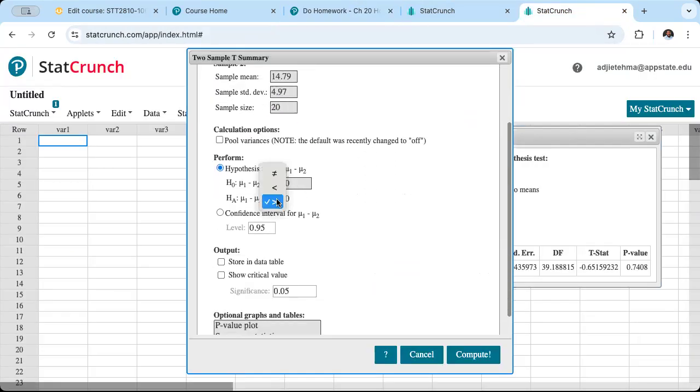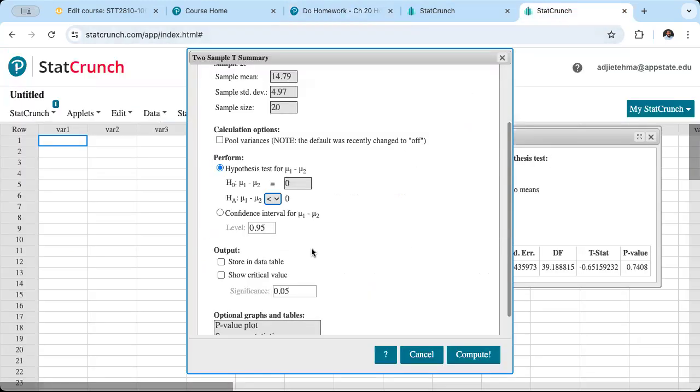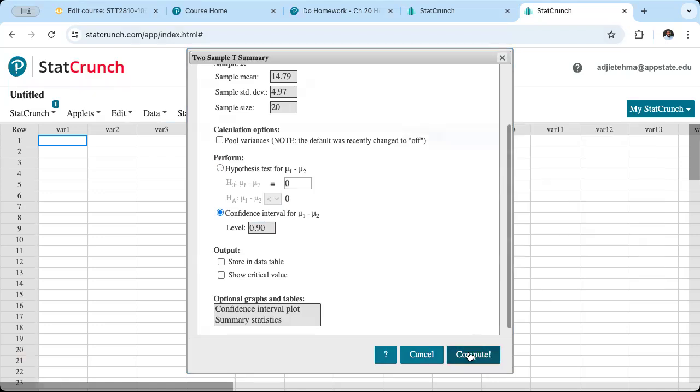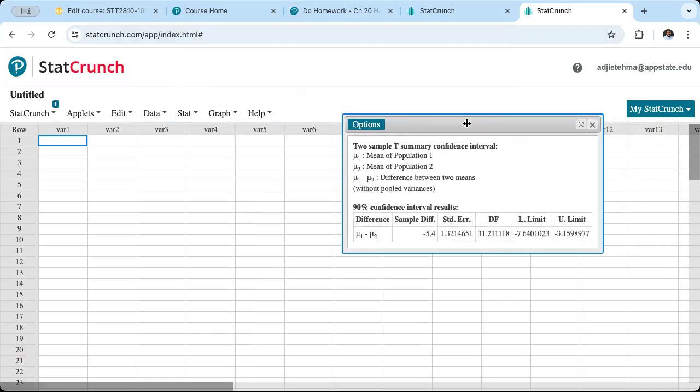Then I'll change this to be less than 0, because the question says the negative difference in means. And then I want the confidence interval, and I change this to 90. Then I hit compute, and I have these values here.